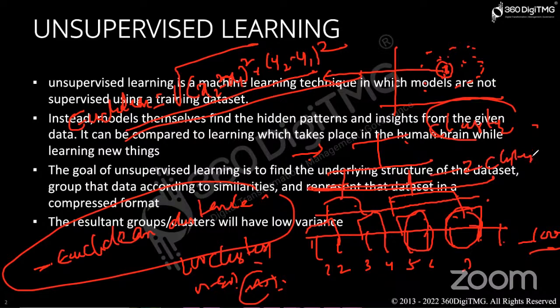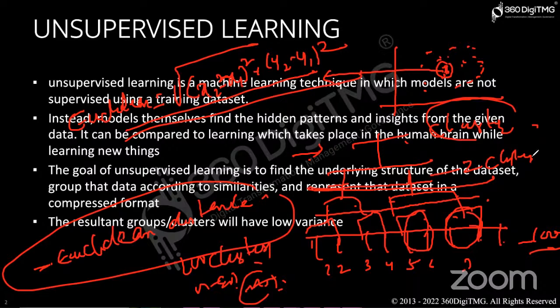So it completely depends on your requirement. You can check whether the clusters are making any sense or not. Then you will calculate the mean of those clusters, and check whether there is any variance between two clusters, and whether it is proper.